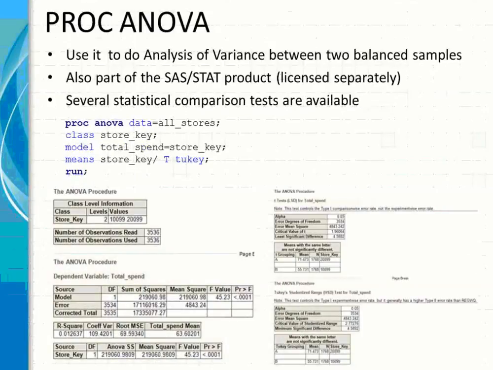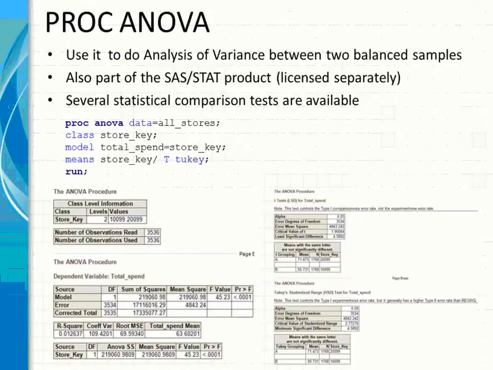Okay. Finally, we've got proc ANOVA. So the ones of you that know this statistical technique, it stands for analysis of variance. In this case, we can use it to do analysis of variance between balanced samples. It's also part of the SAS/STAT module, and it really comes packed with lots of comparison tests that you can run.